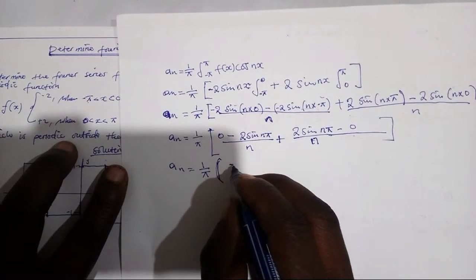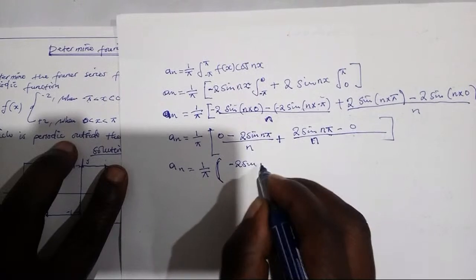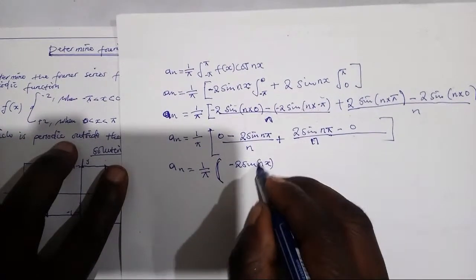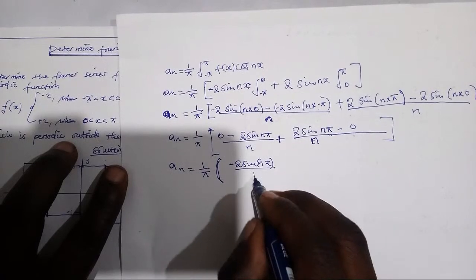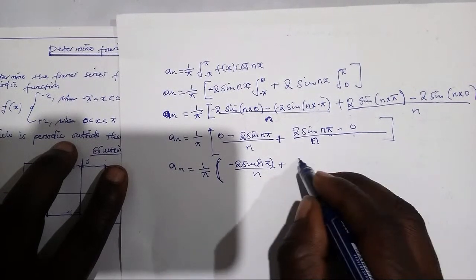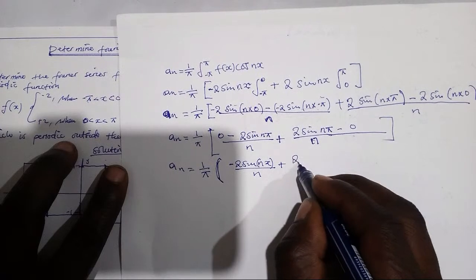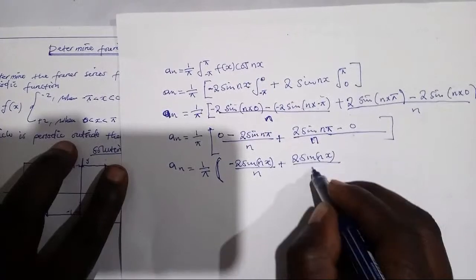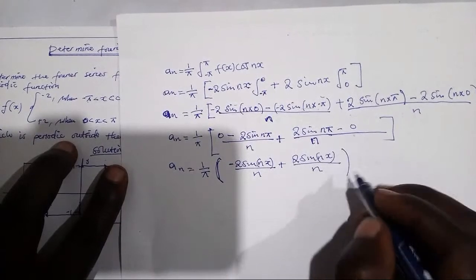You're going to have minus 2 sine nx. If you want, you can put this one in a bracket over n, then plus 2 sine nx in the bracket, then over n. Then you close the bracket.